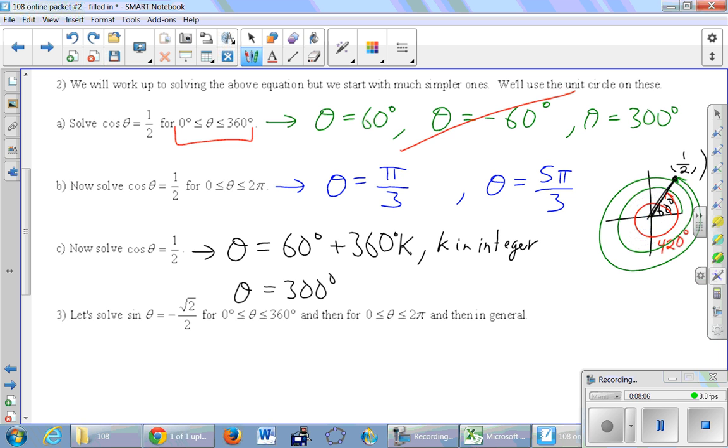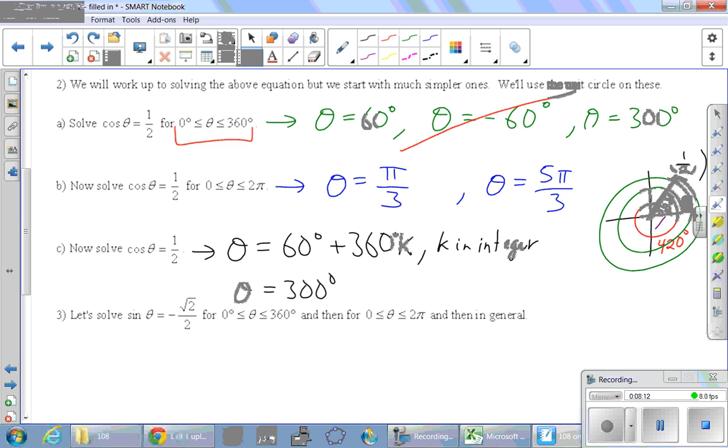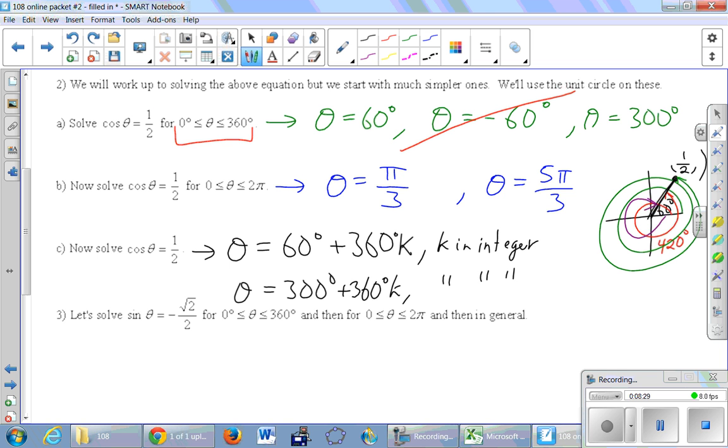The k could be negative, actually, so it means that you could go the other direction. So if k were -1, it would give you actually negative 300 degrees, which is a perfectly good answer. So we get all of them that way. And then we do the same thing with the 300 degrees plus 360k. K is an integer.